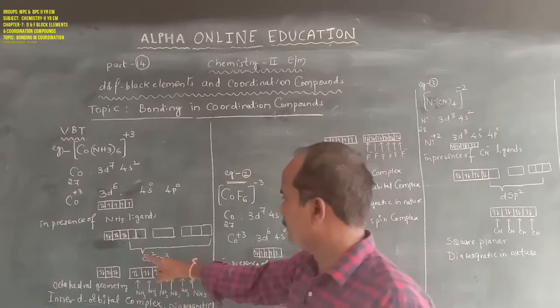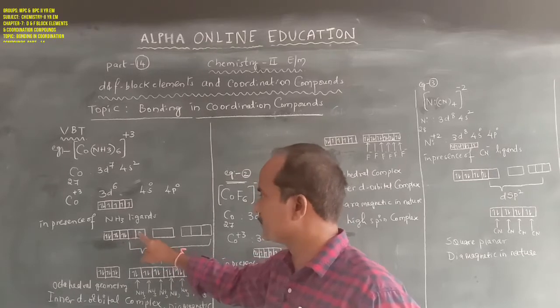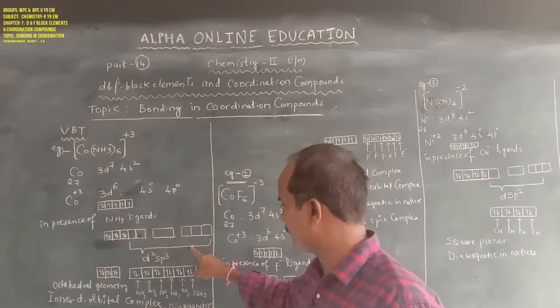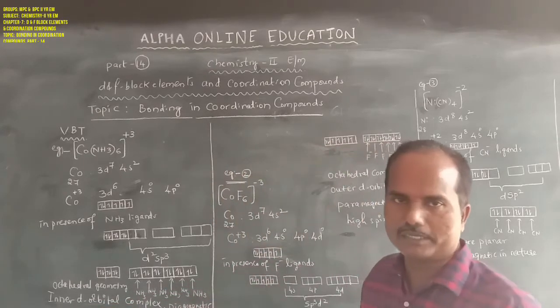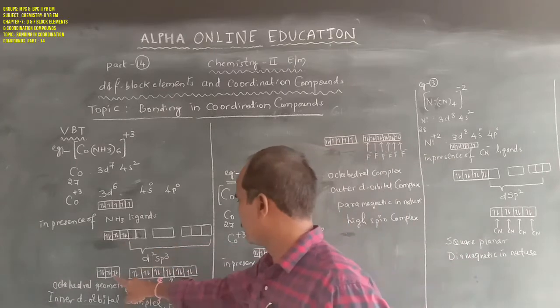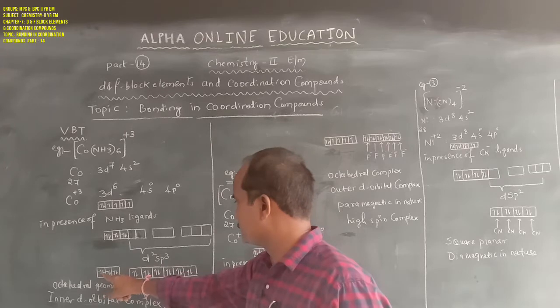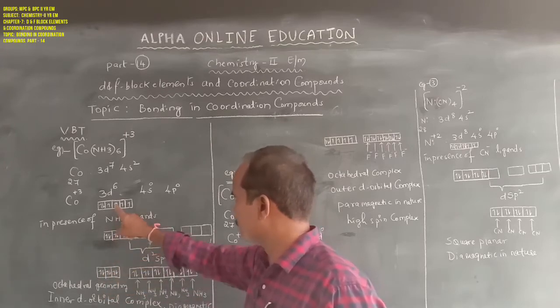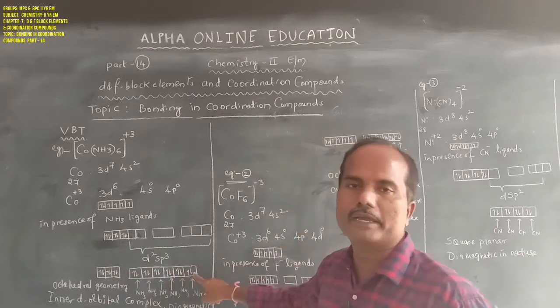In this hybridization the inner (n-1) d orbitals are involved, so this is called an inner d orbital complex. When you observe the electron configuration in the d2sp3 and d orbitals of Co3+, all electrons are paired up.